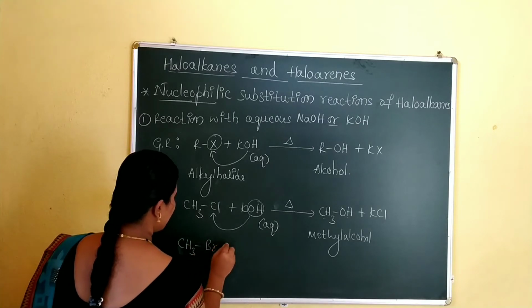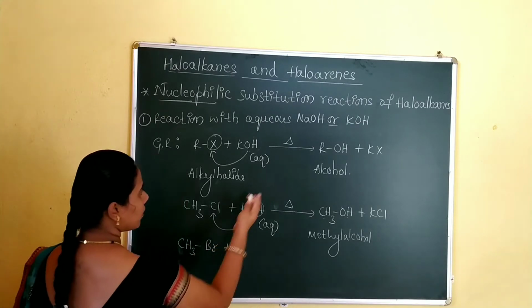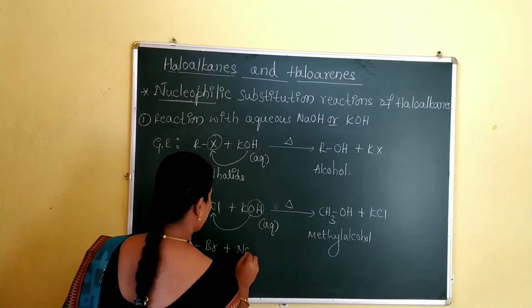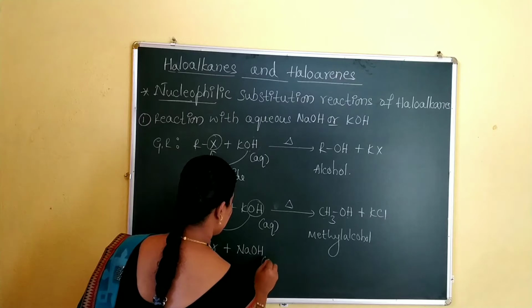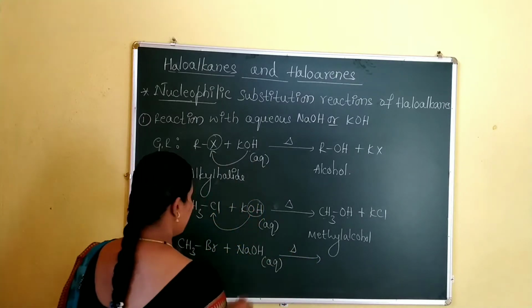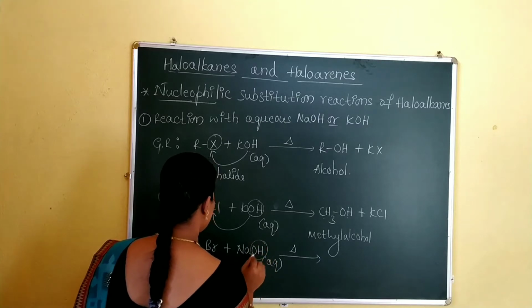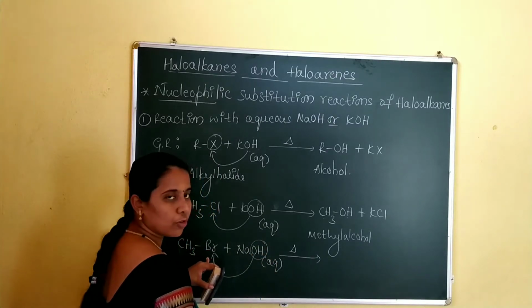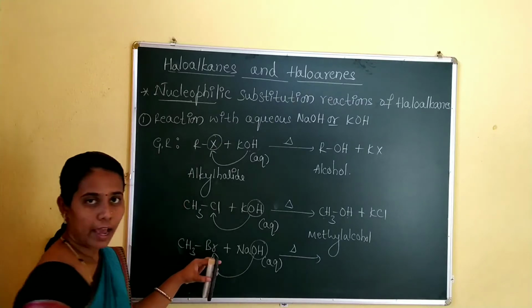Similarly, I will write one more example. CH3Br, when it reacts with aqueous potassium hydroxide, the incoming nucleophile is OH minus, which substitutes for the existing halide group.